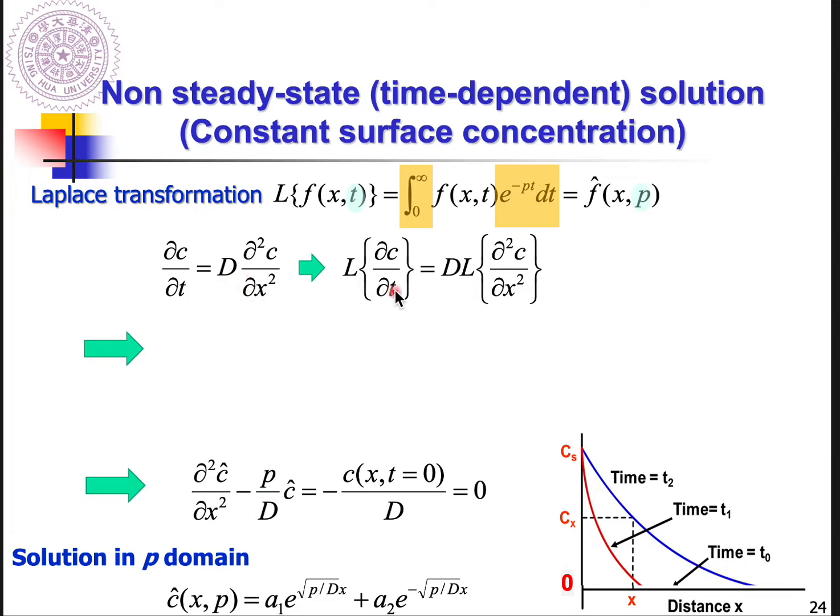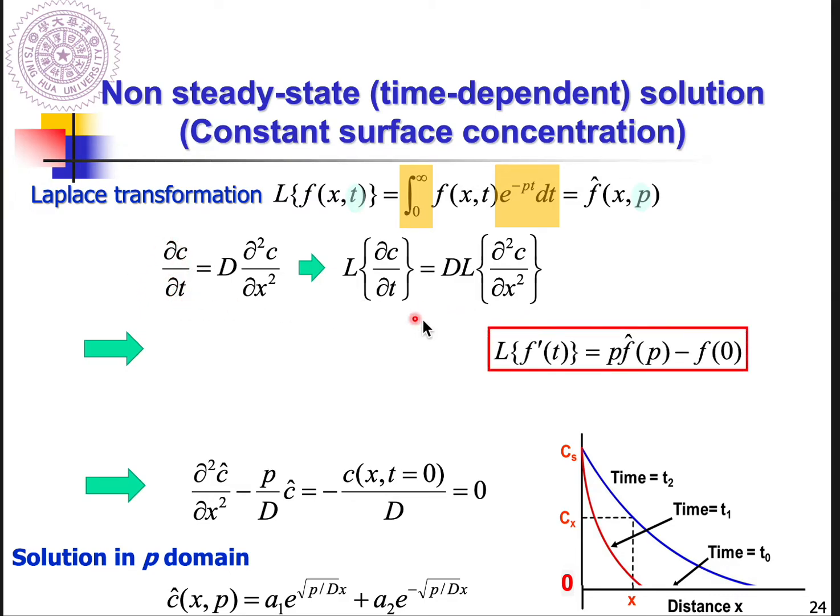First of all, you need to Laplace the left-hand side, partial c partial t. When you check the textbook, if we Laplace f prime of t, then you get p f hat minus f at 0, where 0 means t equals 0.